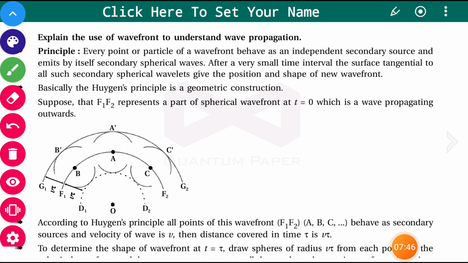Now, there is a use of the wavefront to understand wave propagation. The first is the principle: every point or particle of a wavefront behaves as an independent secondary source and emits by itself secondary spherical waves.